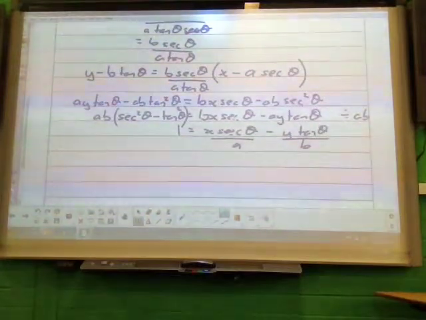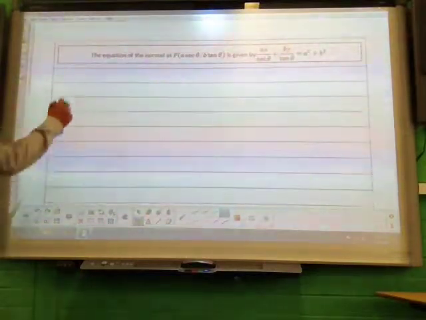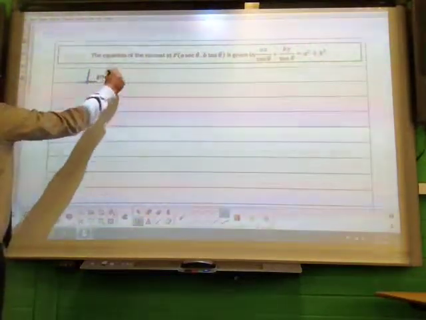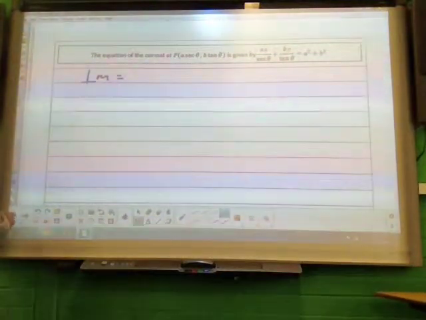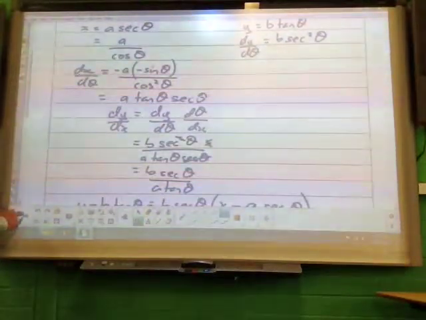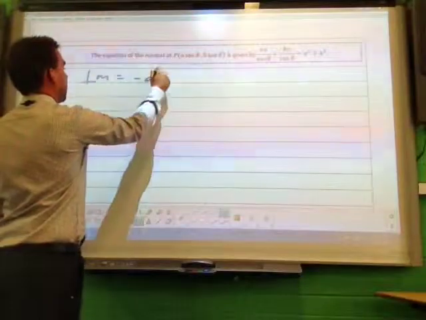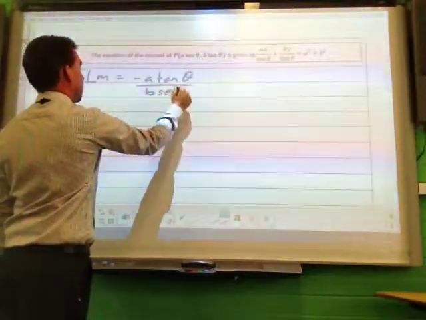Right, so the gradient of the tangent is b sec theta over a tan theta. So we now need to do the normal. The gradient of the normal is the negative reciprocal of b sec over a tan, so negative a tan over b sec.